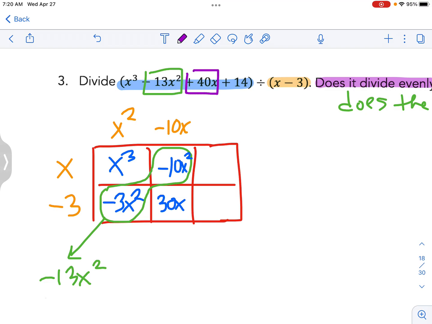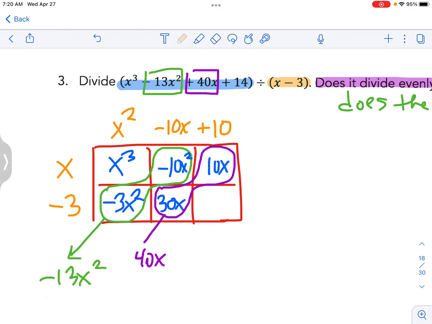Now we know that's a diagonal term, so it's going to have a like term up here, and together those terms are going to make 40x. So that means that this term up here in the upper right needs to be 10x. And then that means the last term in the factor needs to be a number that when multiplied by x gives us 10x. So this needs to be plus 10.